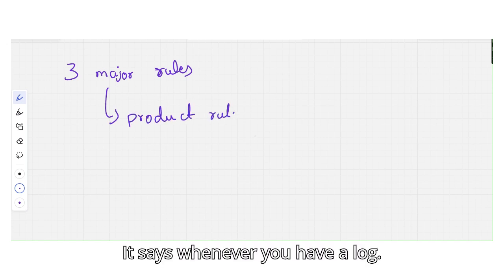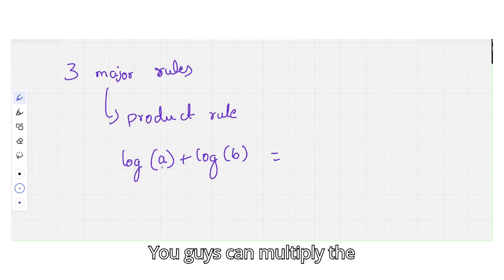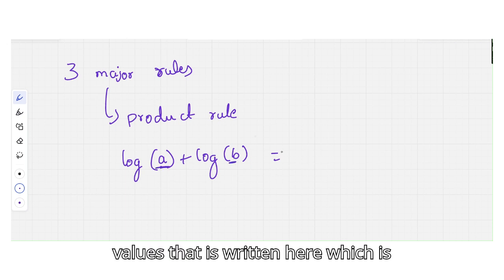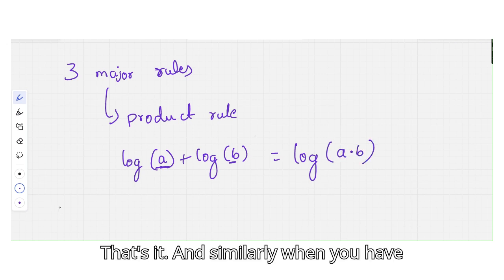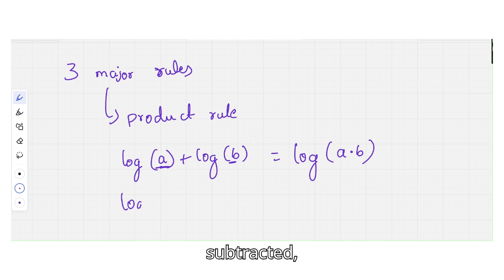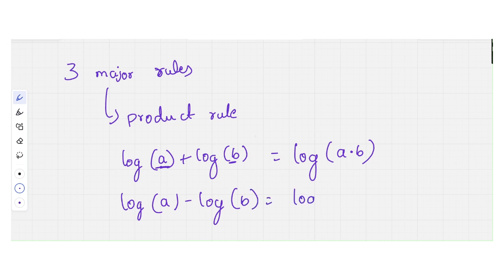It says whenever you have log of A plus log of B, you can multiply the values, which is log of A times B. That's it. And similarly, when you subtract, those values can be divided. You guys must be careful about it.